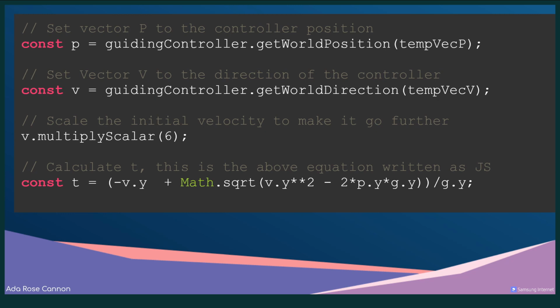We write up that equation in JavaScript. One thing I'd like to point out here, notice the ** operator. The ** operator is equivalent to Math.pow. So it's a power. Instead of writing it awkwardly, I can just do it natively in JavaScript. Pretty neat that you can do that now.